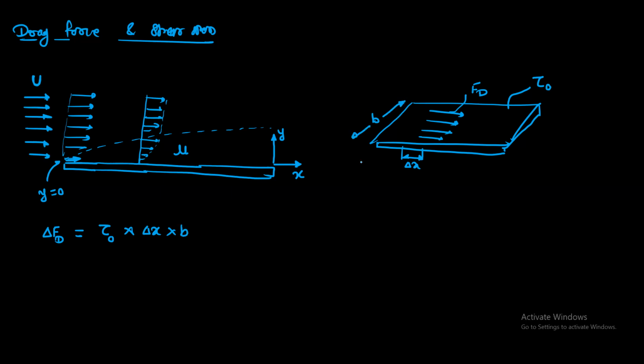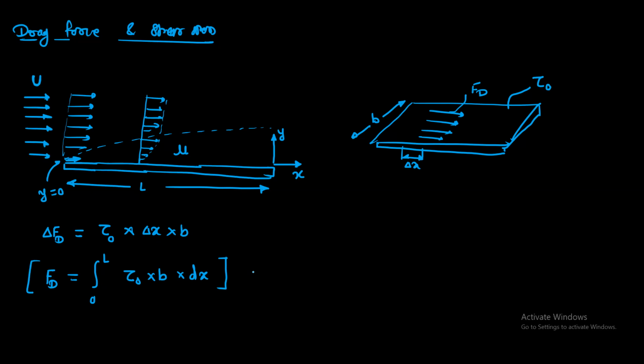So the complete force FD we can determine by the integration. FD is equal to integration 0 to L. So L is the total length. So this is the length L of the plate. So integration 0 to L tau 0 into B into dx.